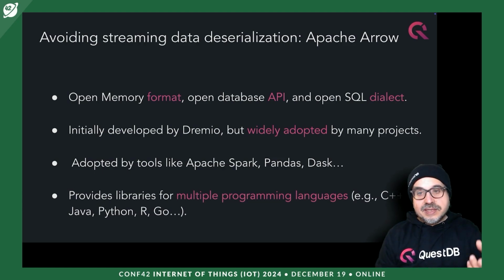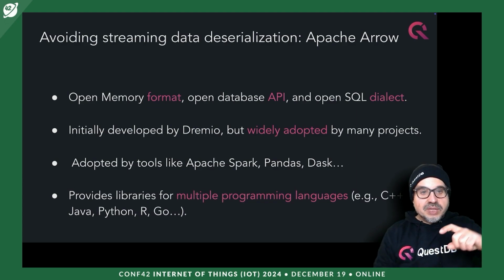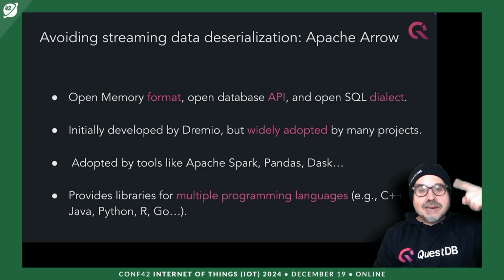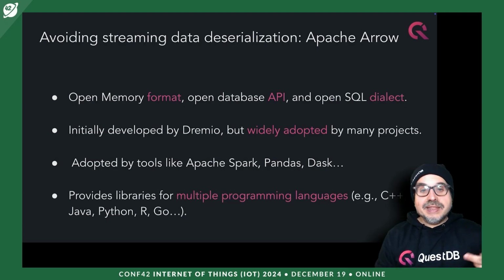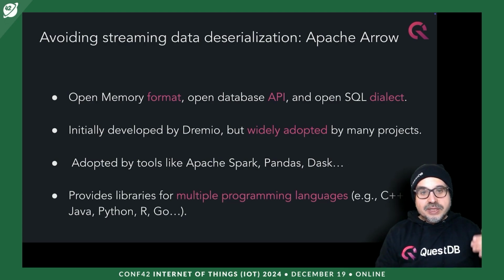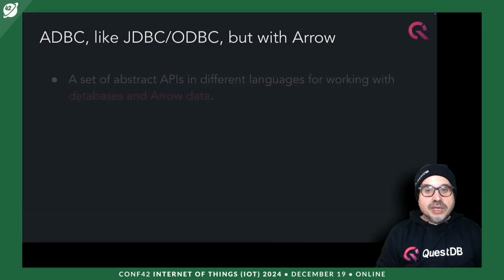So when I send you the data in Arrow format, you can directly use the data from your programming language without having to deserialize data in memory. So you are saving time from serializing and deserializing, and you are also not having to duplicate data in memory. So it gets very fast to get the data and be able to use it, especially if you are working with a lot of data.